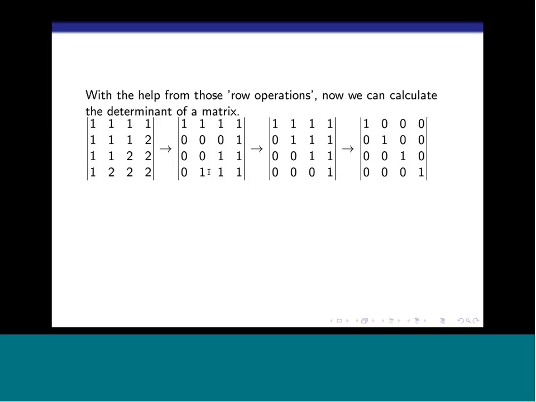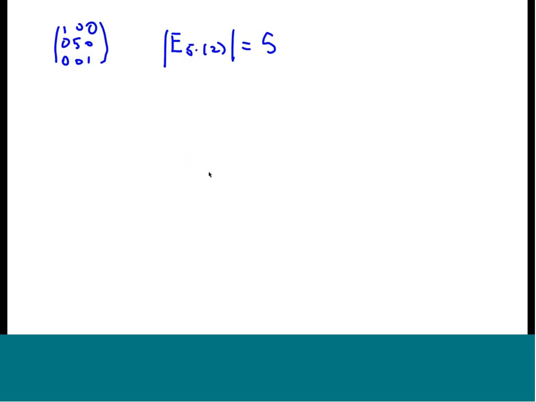Then keep adding. Actually, this is 2 steps. Then it becomes 1 0 1 1, 0 0 1 0, 1. So the original matrix is going to have the determinant to be, what is it? It's going to be 1.